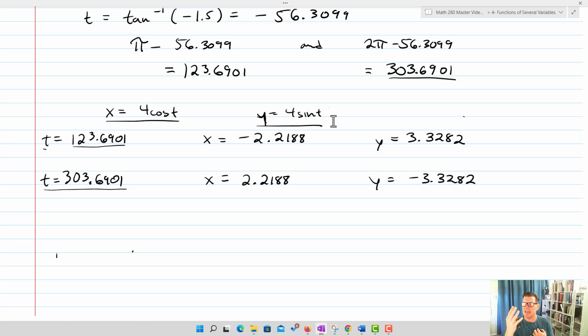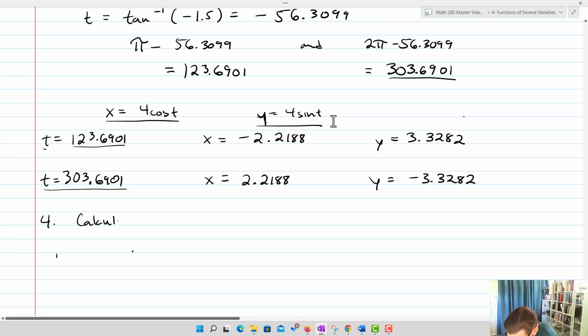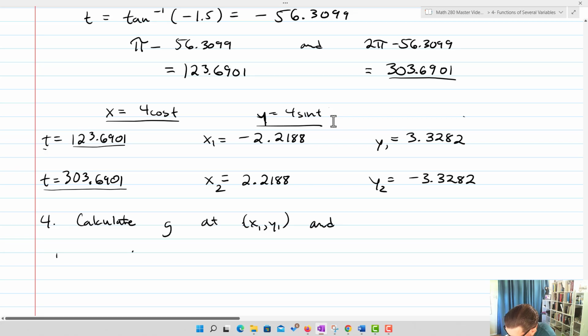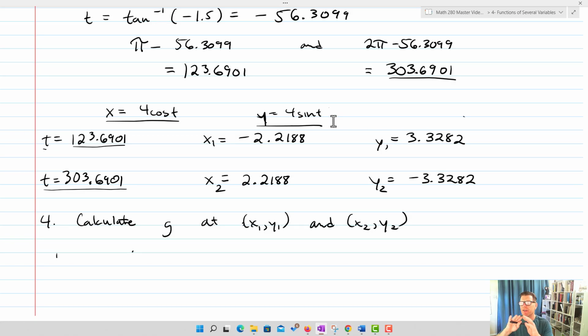The fourth step that we need to do, step 4, is calculate, in this case, g at, call this x1, y1, and we'll call this one x2, y2, at those points. So we've figured out where the critical points are along the boundary. Now we need to calculate g at them.